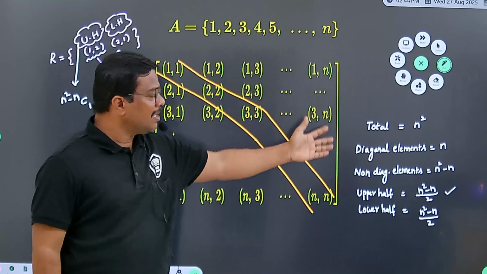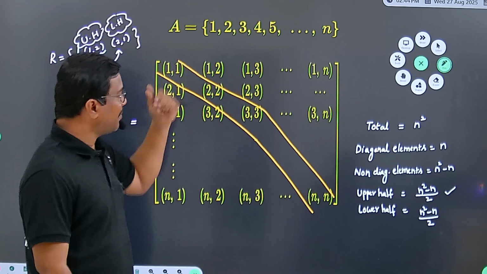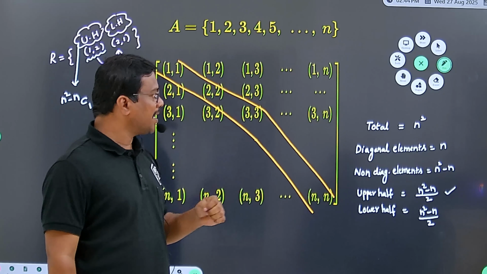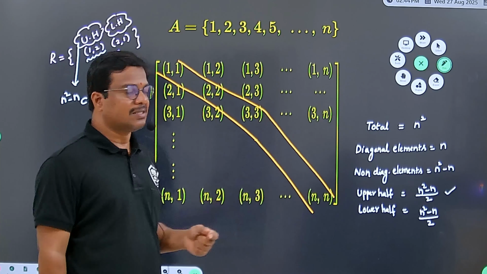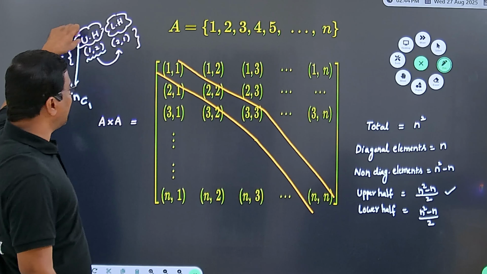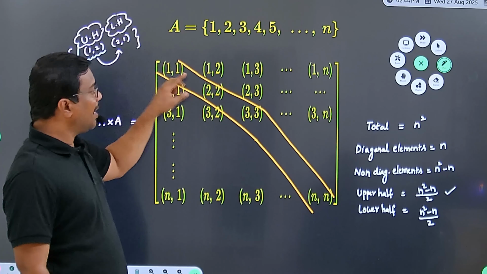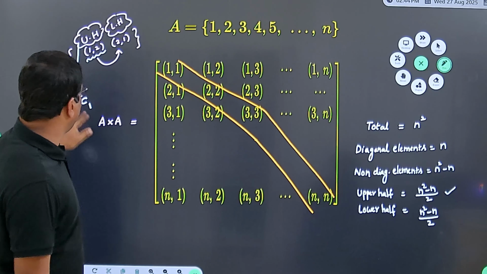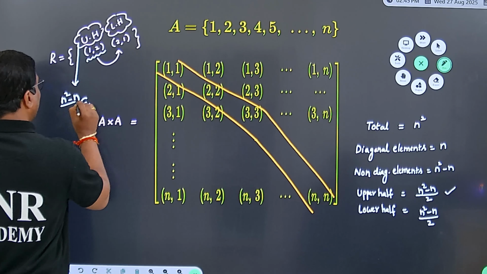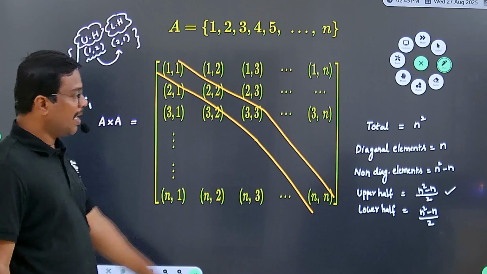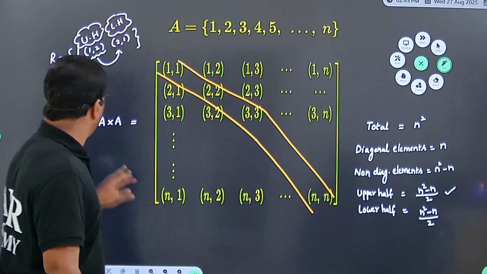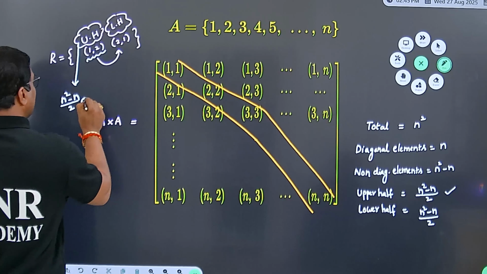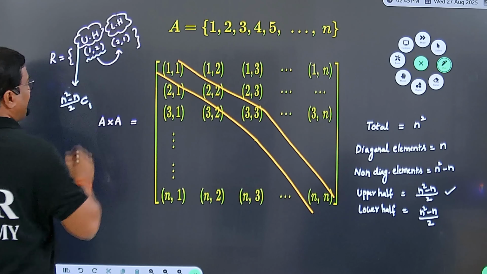Any one of these you can select. You may select 1, 2 or 1, 3 or 3, n, whatever it is. So how many such chances are there? Selecting only one pair from the upper half, that is ((n square minus n)/2) C1. From the upper half, n square minus n by 2, you can choose only one.